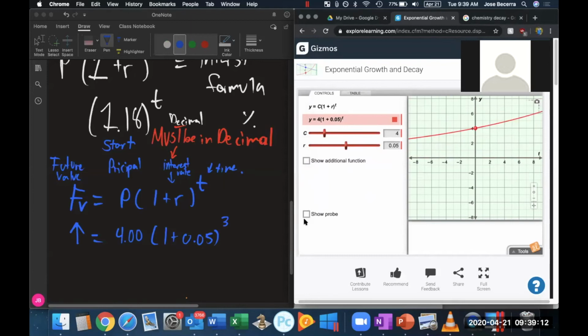We can actually show a probe, right? If I move this so that my T is at 3 years, do you guys see that? My time is at 3 years. I can move this to whatever time I want. But after 3 years, what's going to be my answer, ladies and gentlemen? It'd be 4.63.